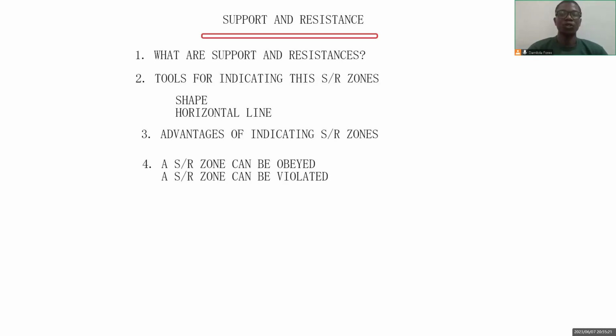So I'm going to be showing you how we can use support and resistances for buying and for selling when prices obey and when prices violate. Okay, so it's also important to note that support and resistances should be used along with chart structure.